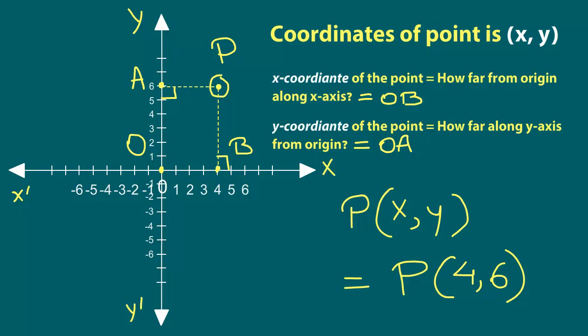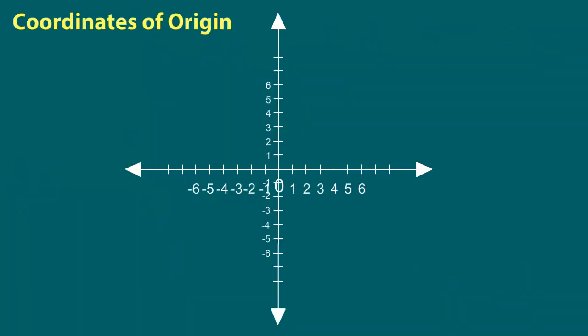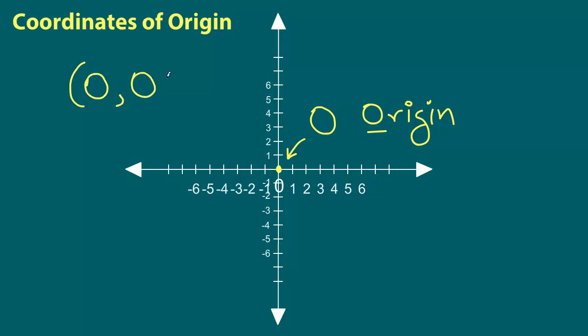So this is how we represent coordinates of a point. We have also seen the coordinate of origin. Like we discussed, this point is called the origin, which we represent by uppercase O, O for origin. And the coordinate of the point O is 0, 0. We have learned this before.